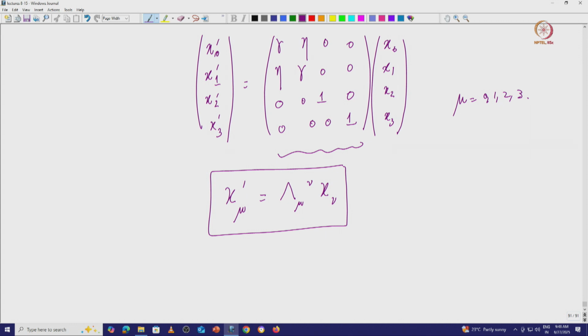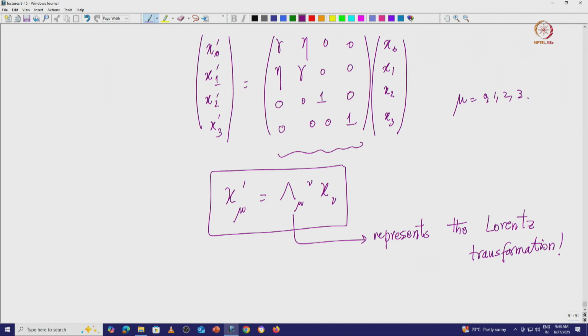So this matrix represents the Lorentz transformation. We want to do all the Lorentz transformations in 4 vectors.